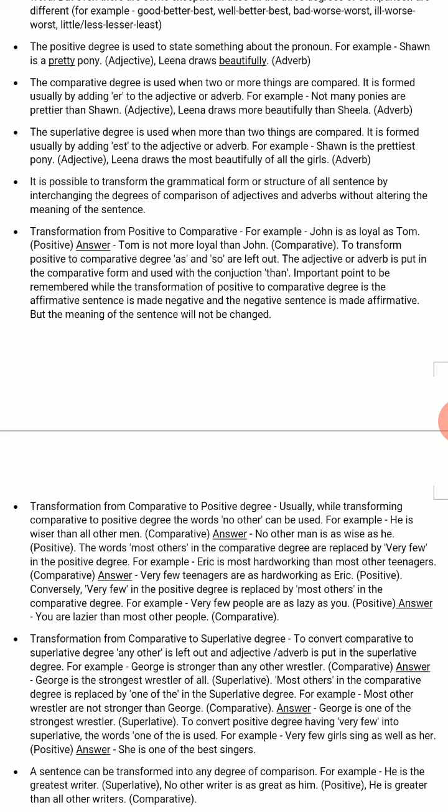Going further with the first point of transformation. The next point is transformation from positive to comparative. So what is to be kept in mind when you are transforming positive degree to comparative degree? For example, John is as loyal as Tom. This is positive degree. Answer, Tom is not more loyal than John.